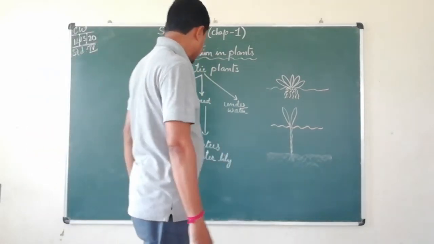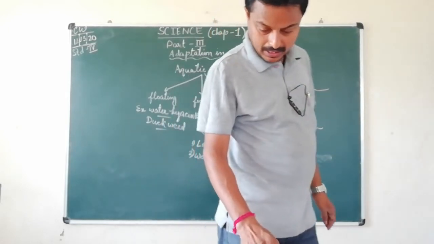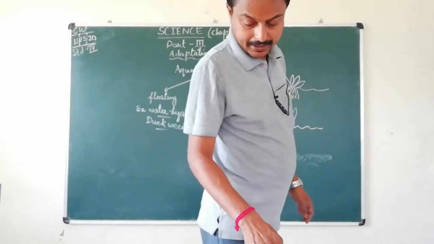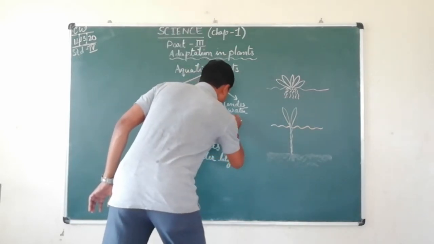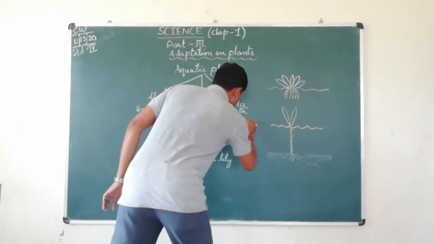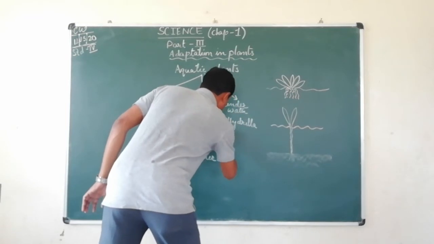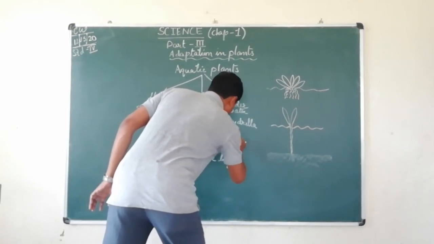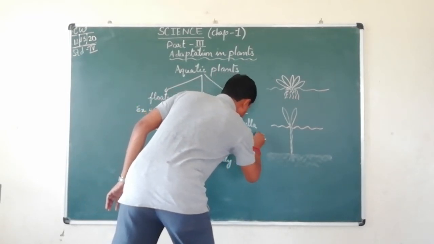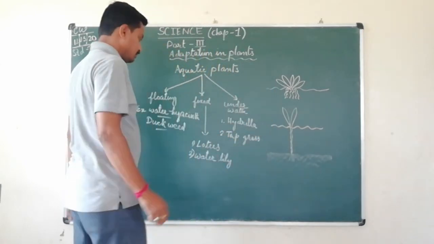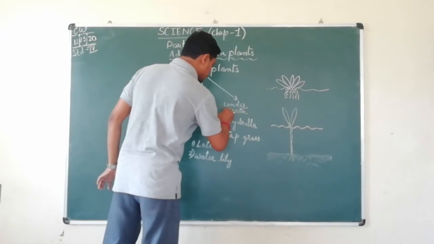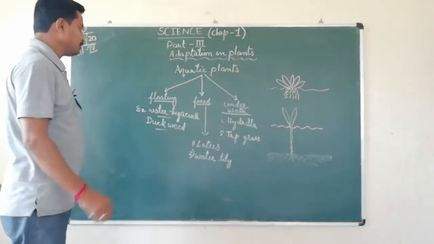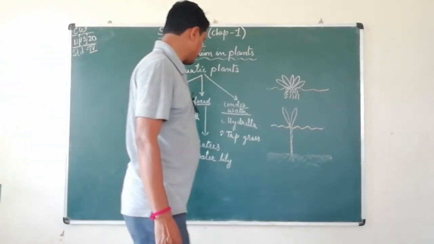Now the examples of underwater plants are hydrilla and tape grass. Now these are the examples of three types of aquatic plants.